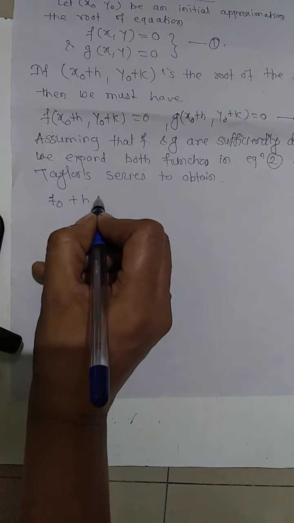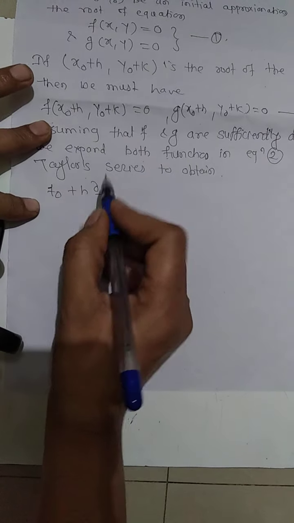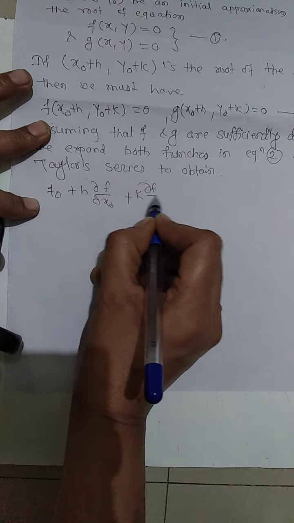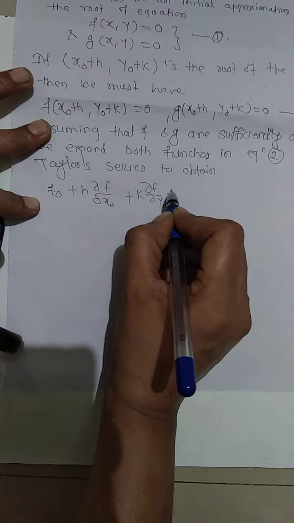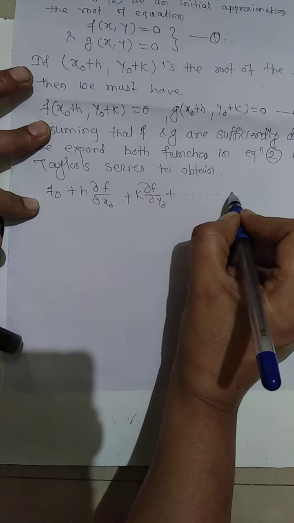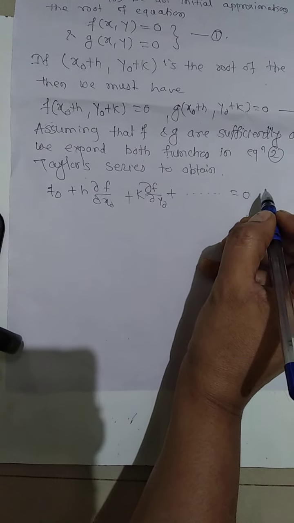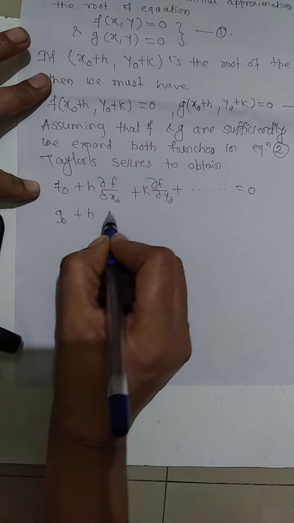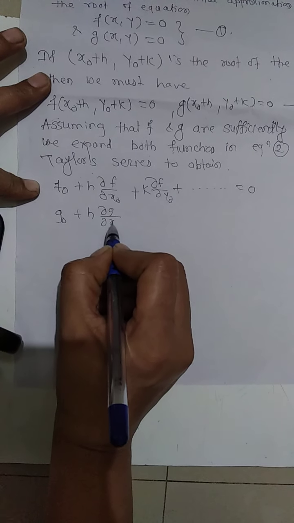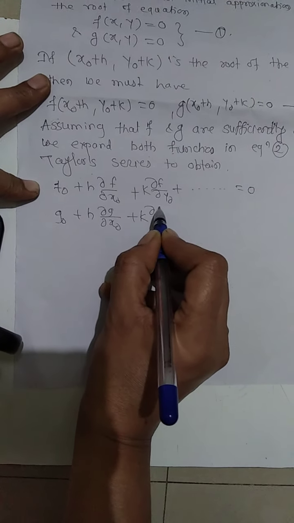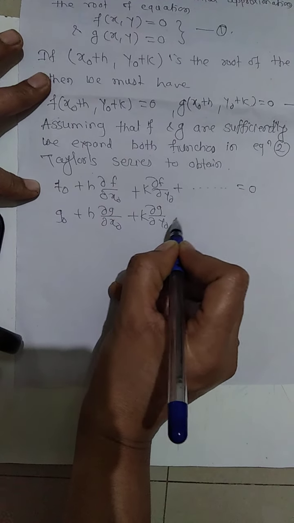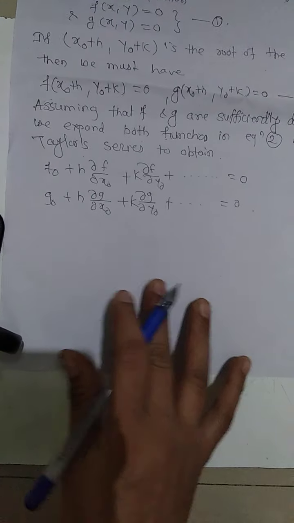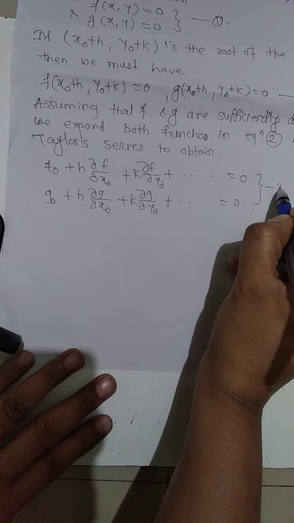f0 plus h into del f upon del x0 plus k into del f upon del y0 up to the n term, that is equal to 0. And second, g0 plus h del g upon del x0 plus k del g upon del y0 up to the n term, that is equal to 0, that is equation number 3.